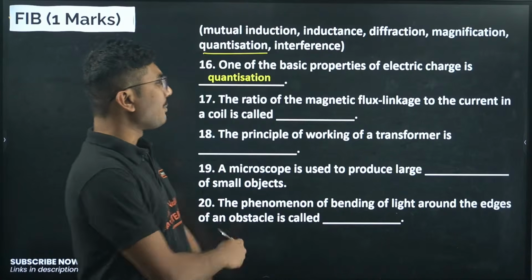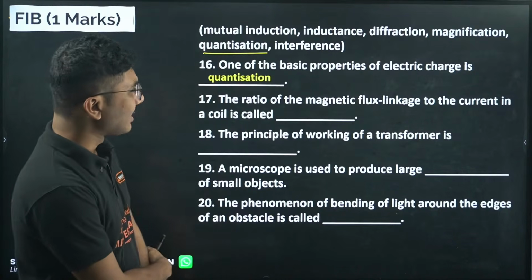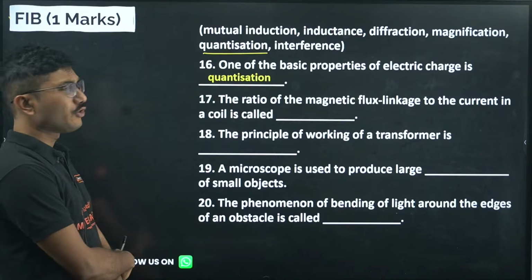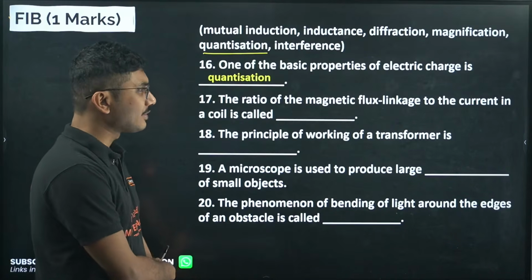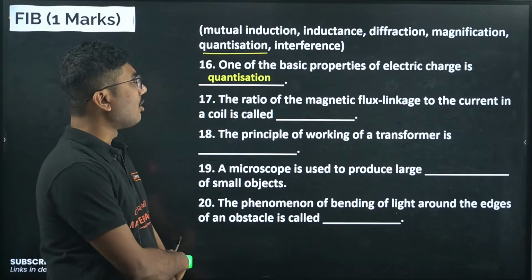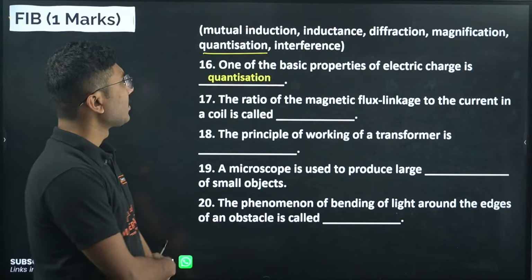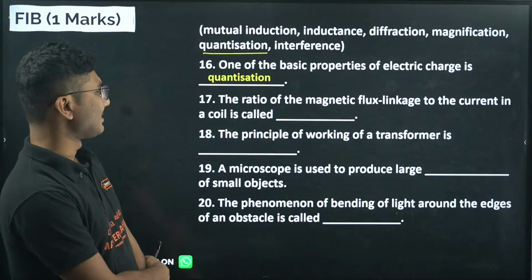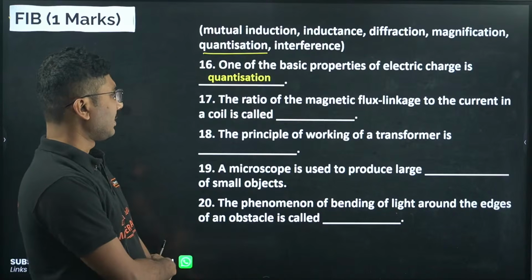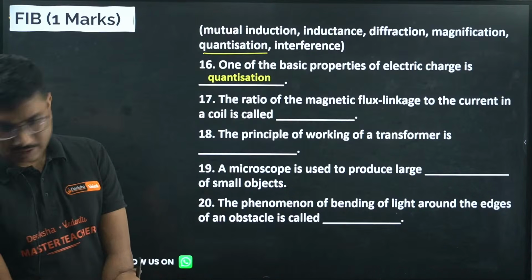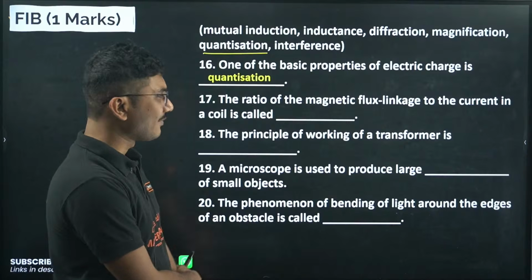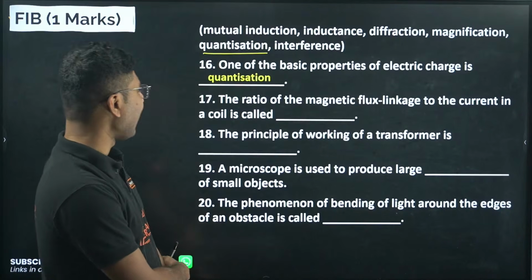The ratio of magnetic flux linkage to the current in a coil is called mutual induction or inductance. Tell me quickly. Yes, ratio of magnetic flux linkage to the current in a coil.